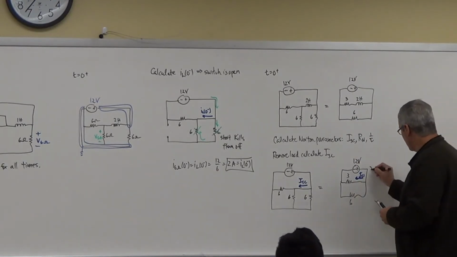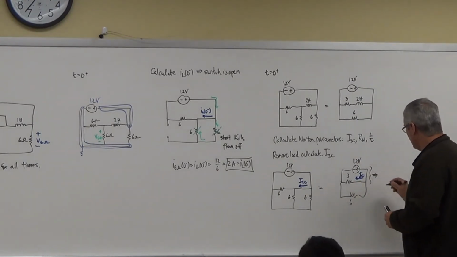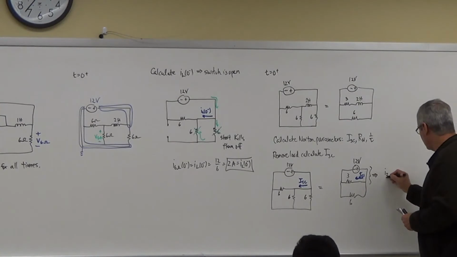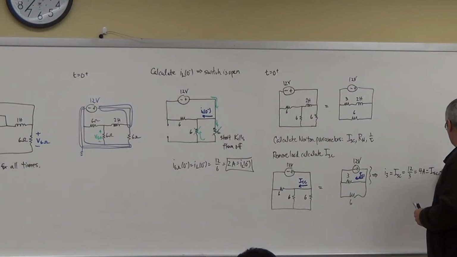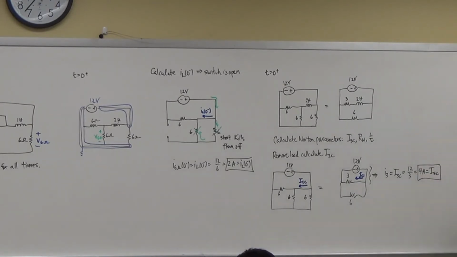If I look at just this piece right here, I3 has to be the same as I short circuit, which is 12 divided by 3, which gives me 4 amps. I should have redrawn this instead of just jumping into the circuit.